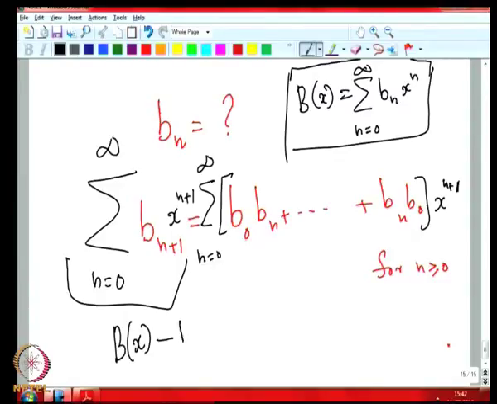So, therefore, we have to introduce the b0 into x raised to 0, x raised to 0 is anyway 1, b0, and b0 we have decided to be 1, right, b0 is 1.